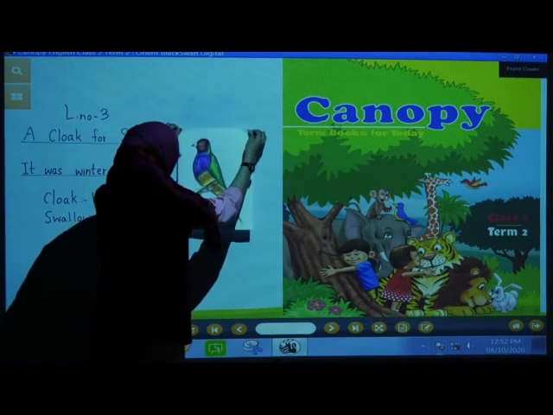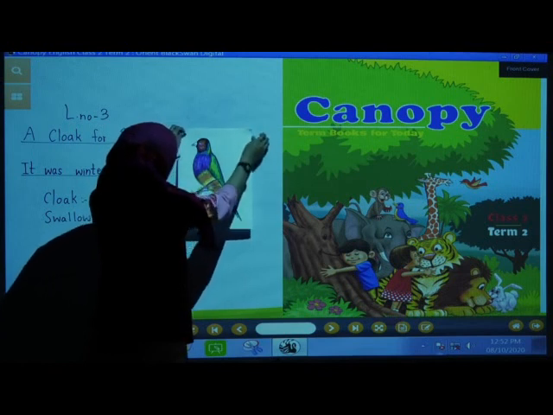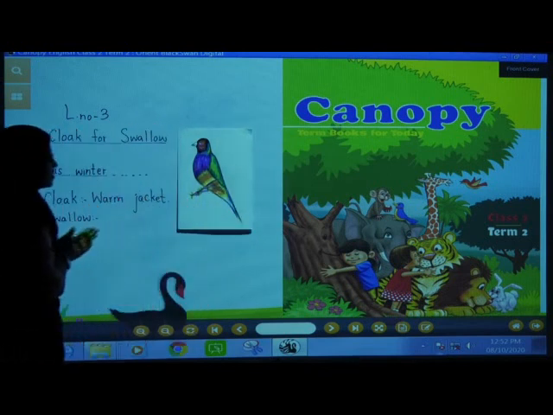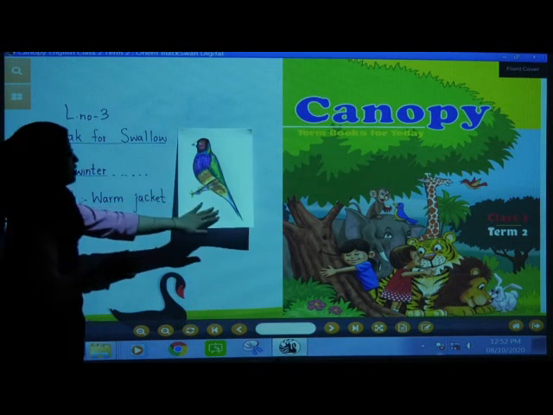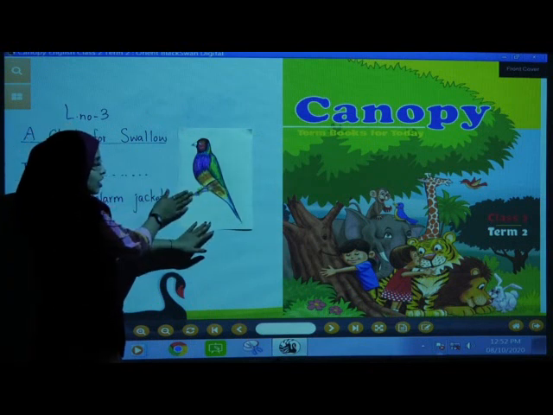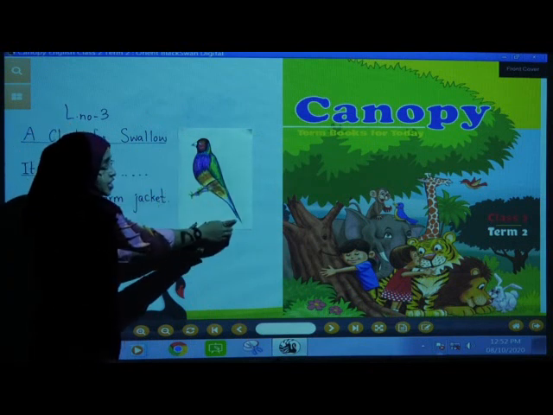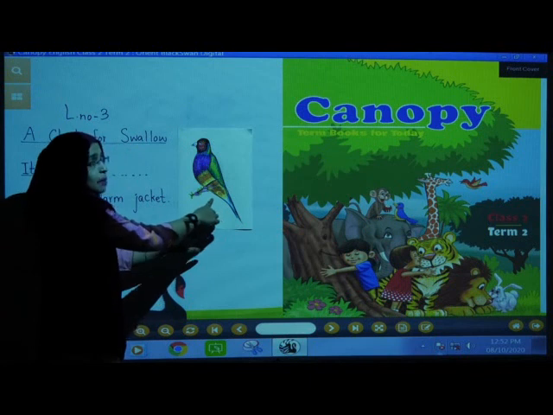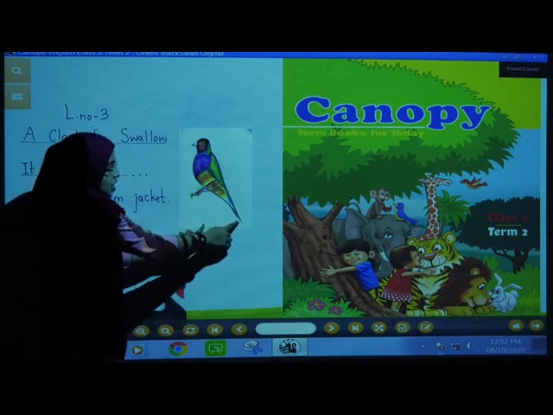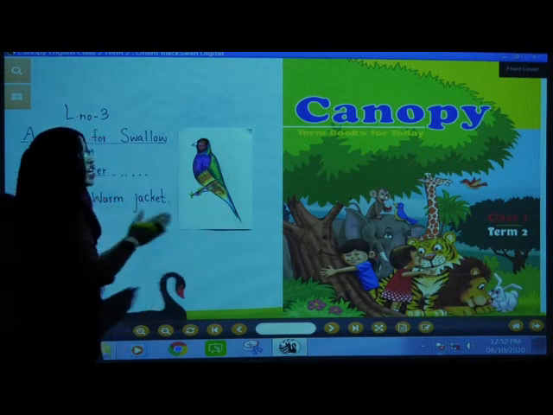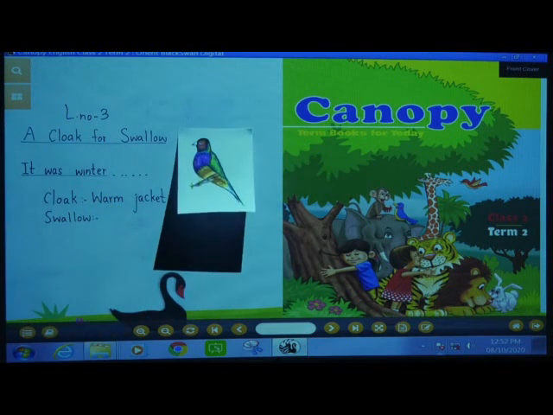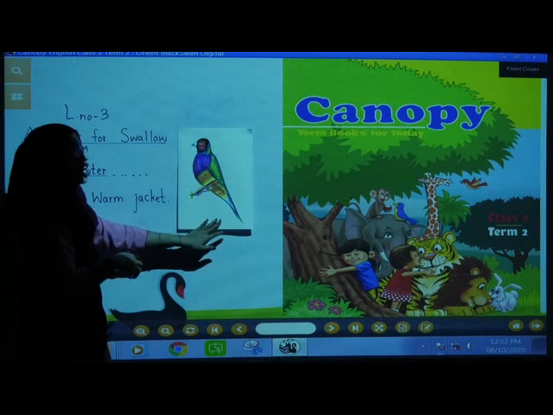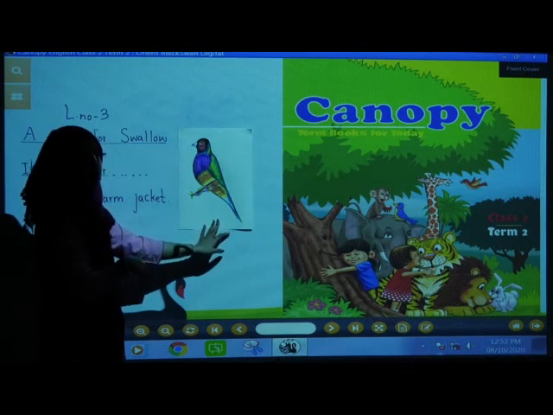See. Isn't it beautiful, children? V means the letter V, I am telling you children. V-shaped tail. So today we are going to learn a story about A Cloak for Swallow.